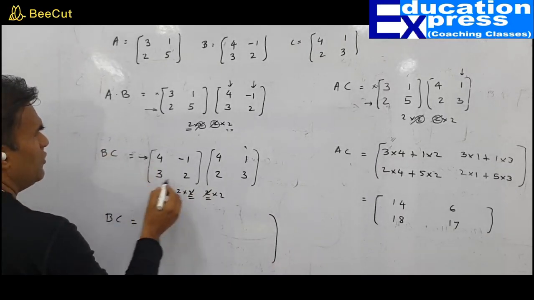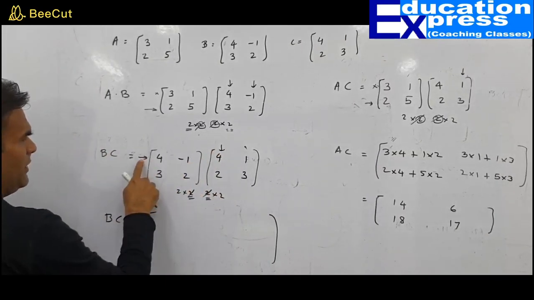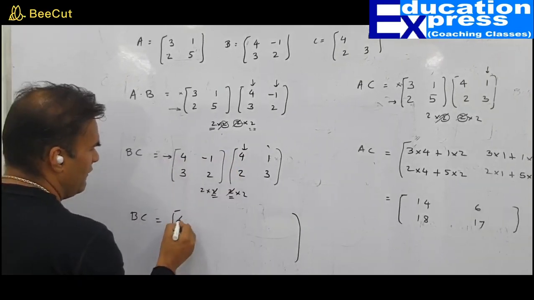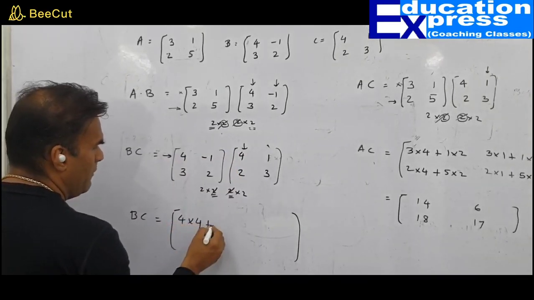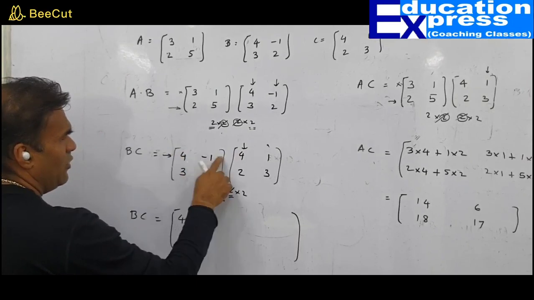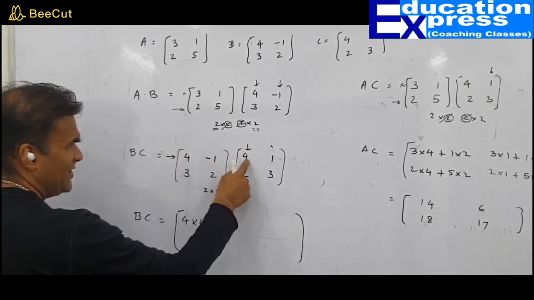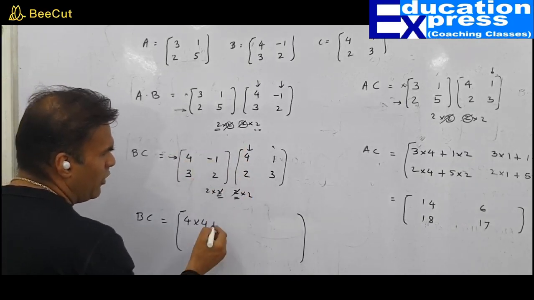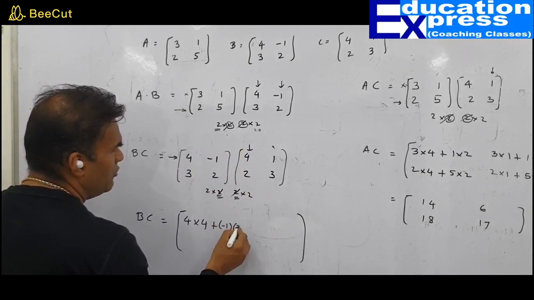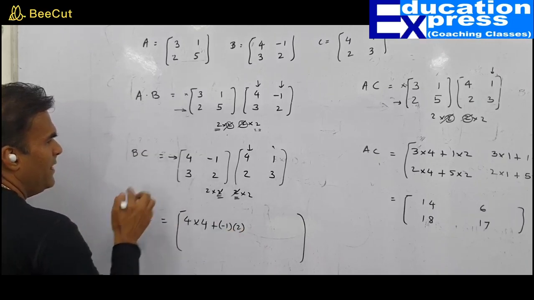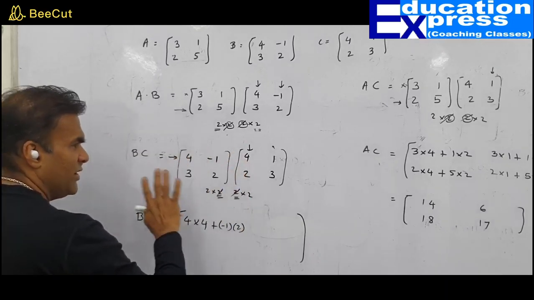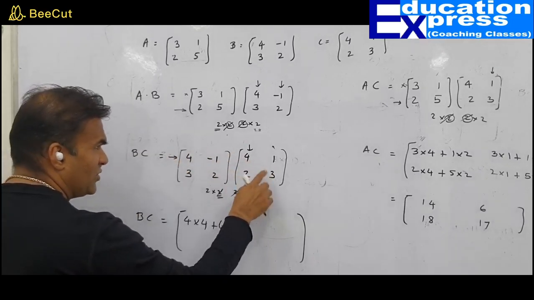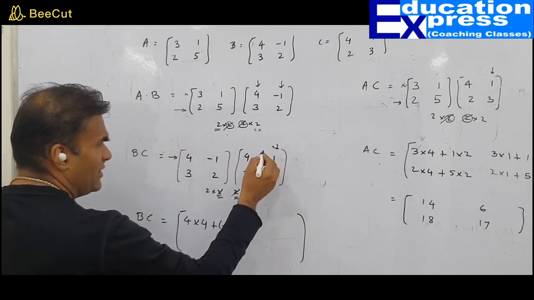We begin with this row and we begin with this column. 4 4s are 16. Plus minus 1. Have a look, I am going this way and this way. This is done. So now minus 1 into 2. Done. This row with this column is done. Same row with now this column.